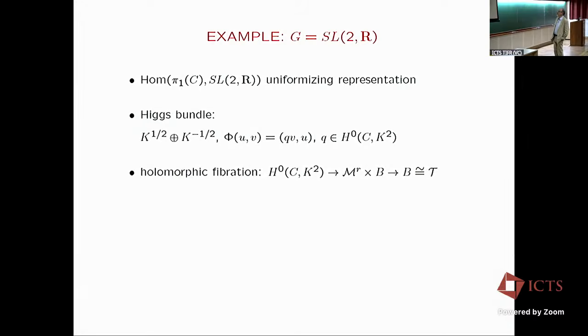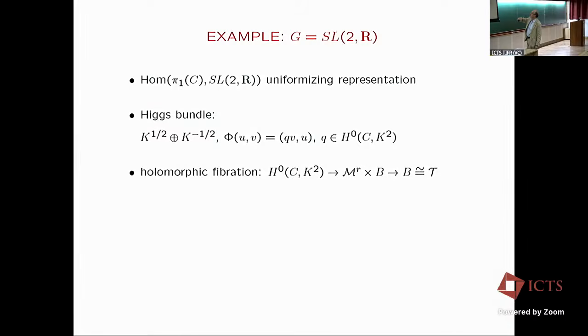And so here's an example. Suppose we take SL2R and the uniformizing representation. Now the Higgs bundle, here I'm looking at the SU2 Higgs bundle rather than the SO3 Higgs bundle that Brian introduced. The Higgs field here is determined precisely by a quadratic differential.